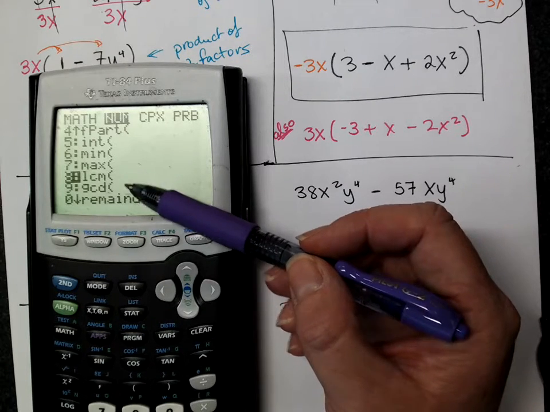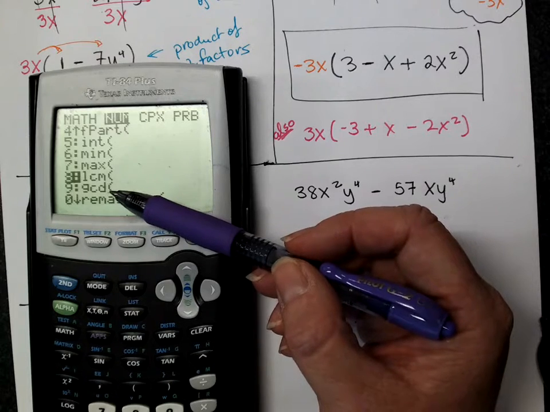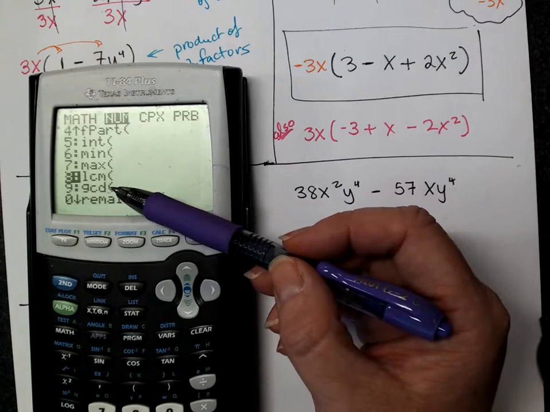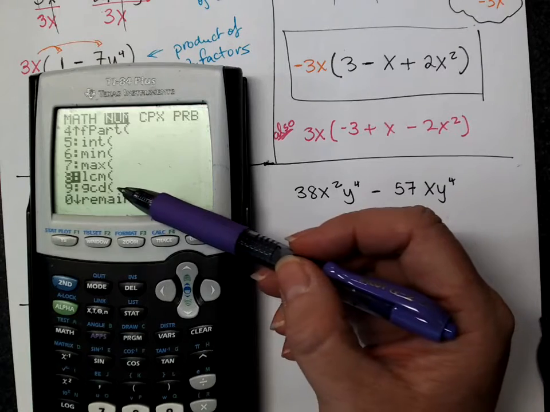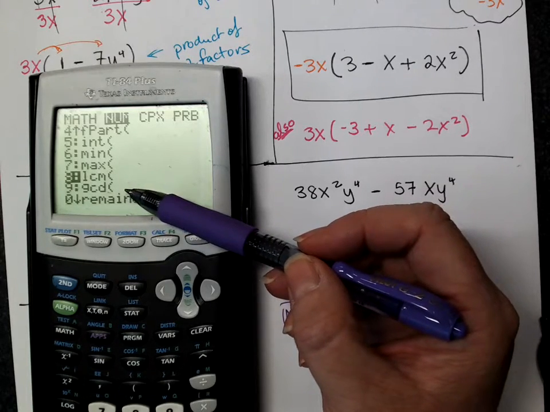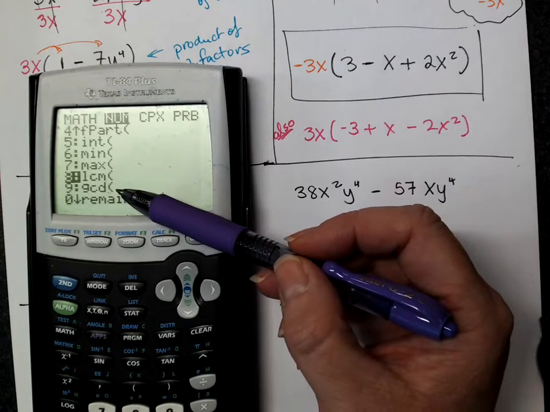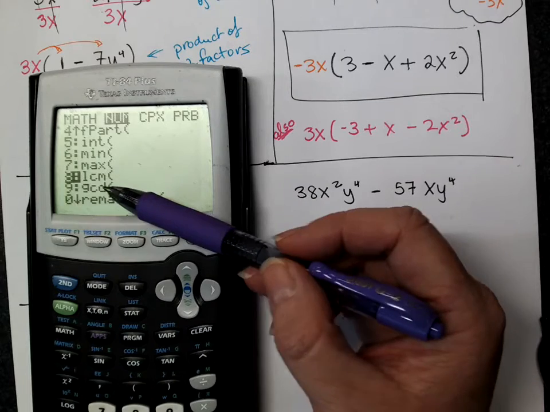Okay? The GCD, factors or divisors, are always the smallest one or smaller. So if you put in your 2 coefficients and push enter, it's going to give you the greatest common divisor, the biggest number they have in common, which is either going to be the smallest one or smaller. But the buttons work the same.